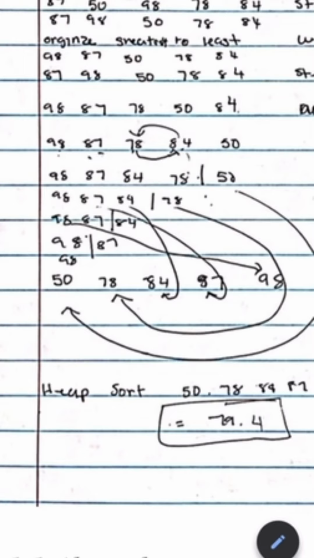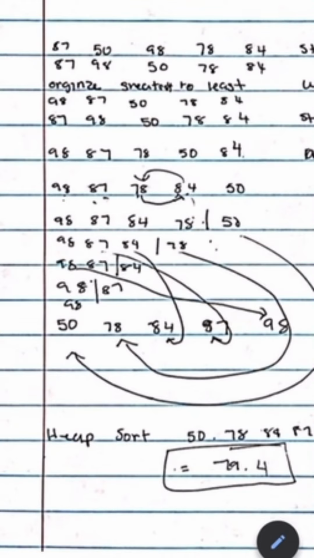So here I'm going to explain a little bit further the illustration. The input numbers that I had were 80, 50, 98, 78, and 84. So it's going to start comparing, of course, from left to right. It's going to compare 80 to 50.